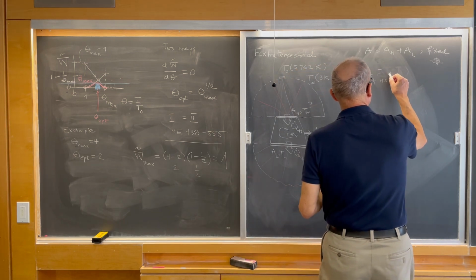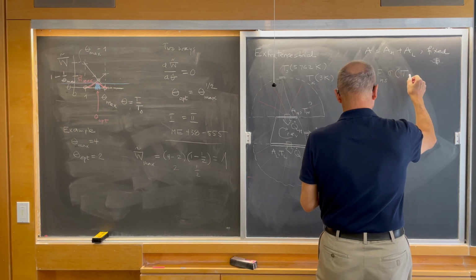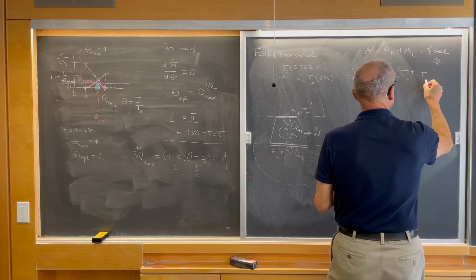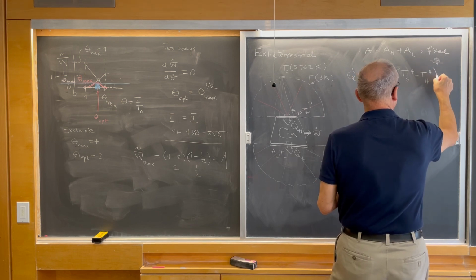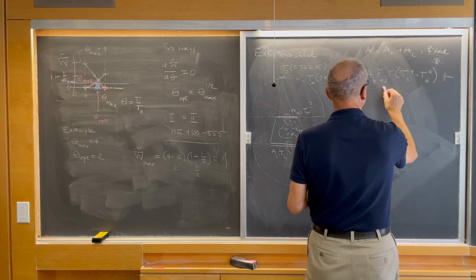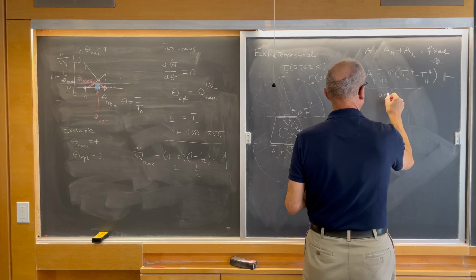And then the Stefan-Boltzmann constant sigma, and then T S to power 4 minus TH to power 4. So this factor accounts for the arriving heat current.